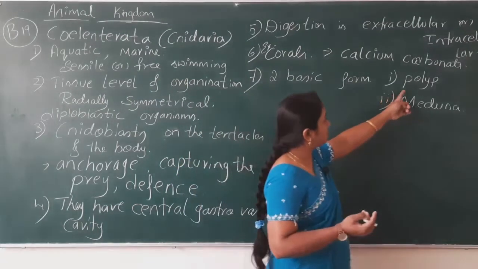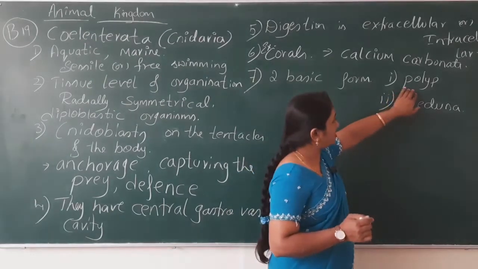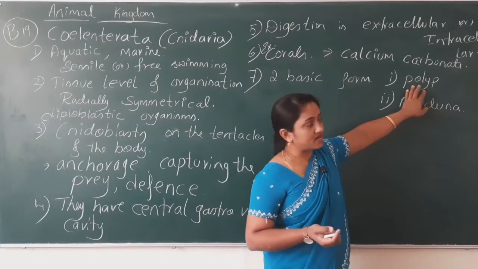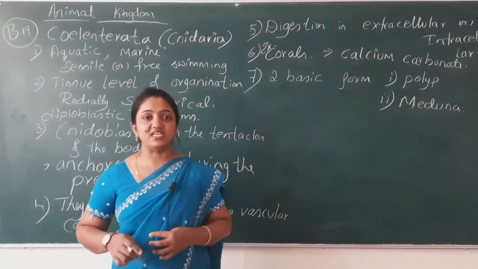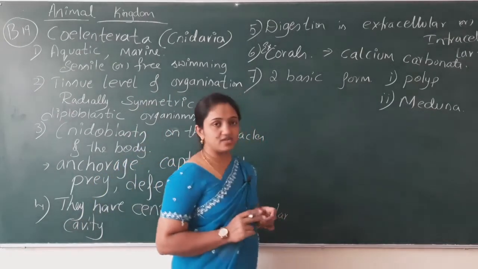One is polyp form and one is medusa form. Polyp is a sessile one, a non-motile organism, and medusa is a free swimming or free living organism. That's the difference between polyp and medusa.